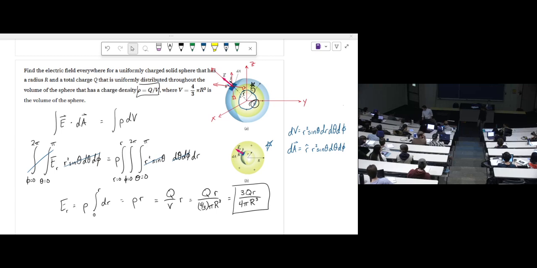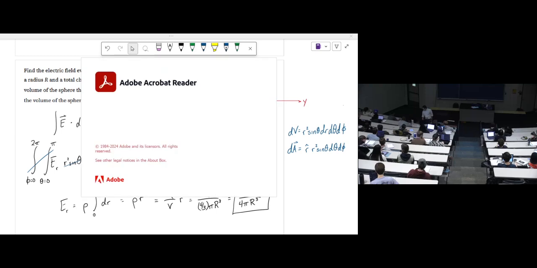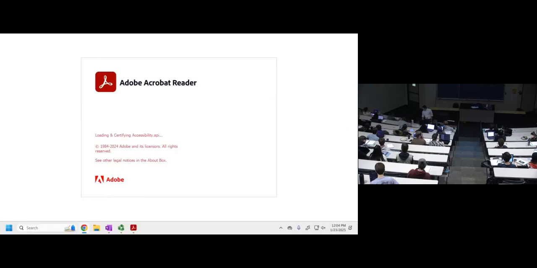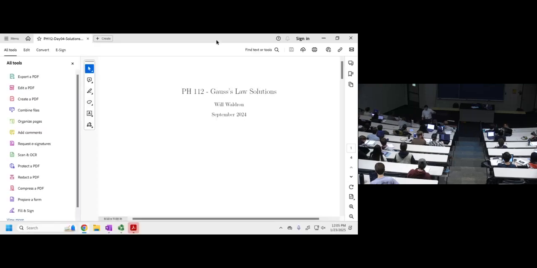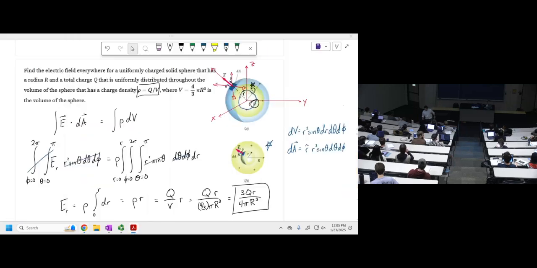So frustrating. Come on. Who wants to use Adobe? That's Adobe. As you might be able to tell, I'm more than a little bit frustrated here.